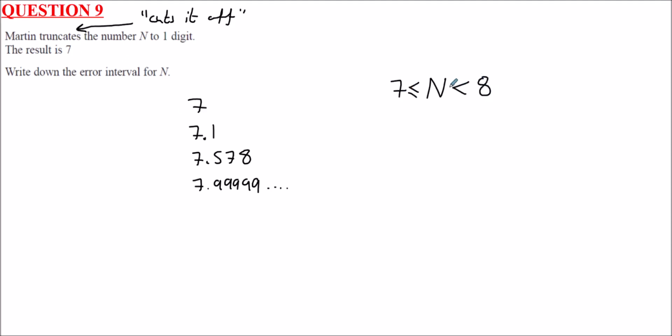Because if n were 8, and he cut it off to the first digit, we would have been left with an 8, not a 7. And so we can just leave it like that. So it's a quick question. It's about the concept, which is the hardest thing. So the error interval for n is greater than or equal to 7, but must be less than 8.